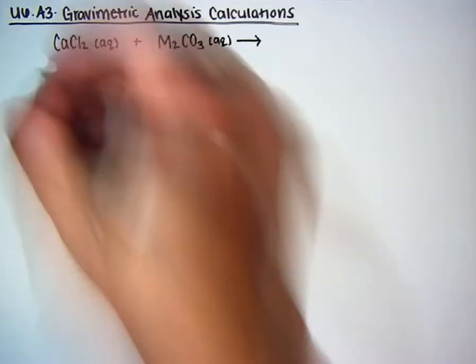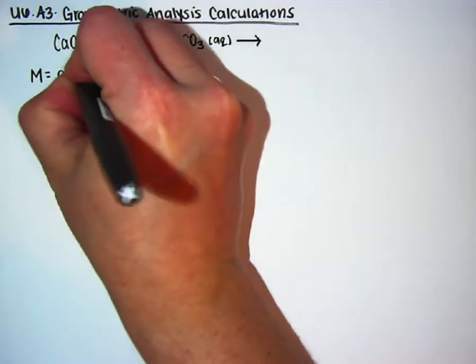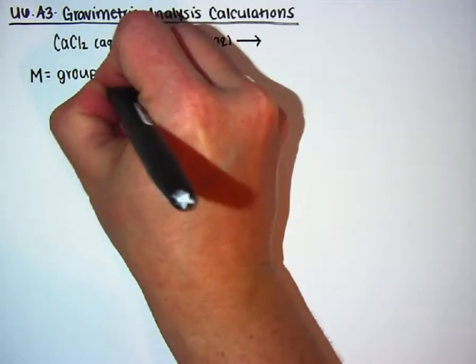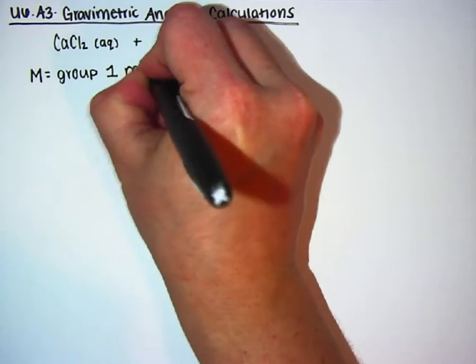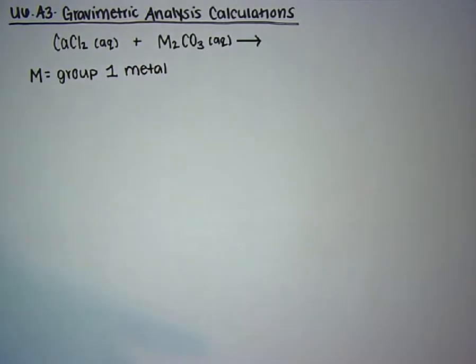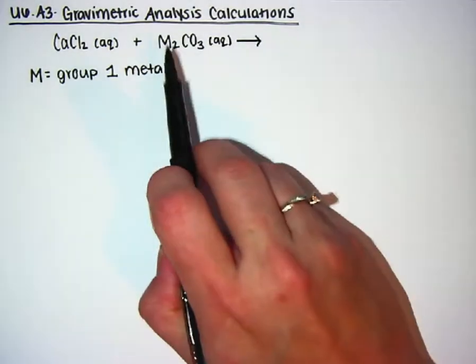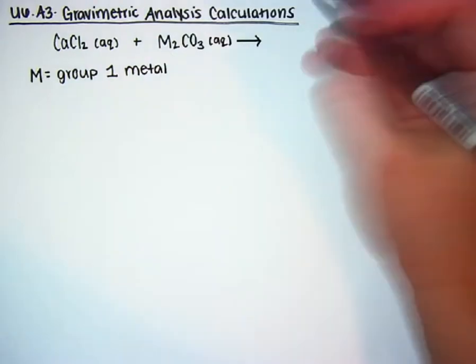In this reaction, M just stands for a group 1 metal. So our job is going to be to use stoichiometry to identify what that metal might be.